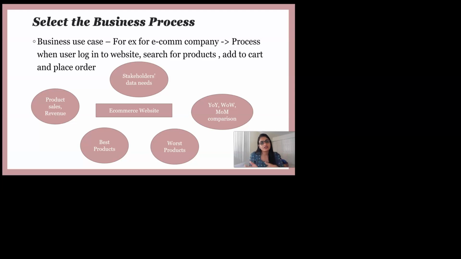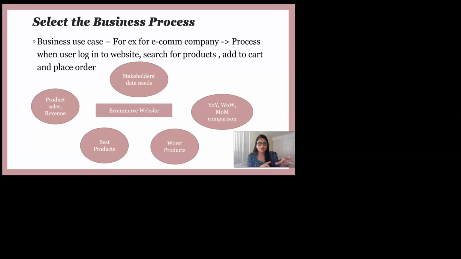What is the sale? Has it gone up, gone down, how is it behaving? First you identify what your business process is and how your business works. What data sources do you have available for this data, and when you identify your data sources, you see what the process is.